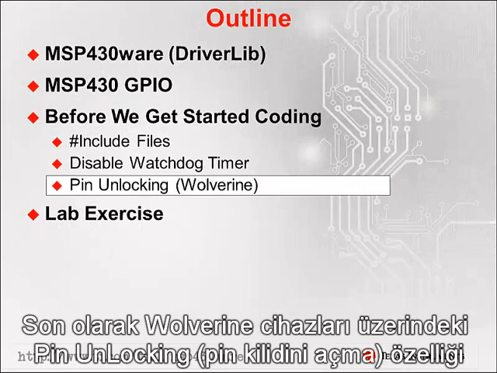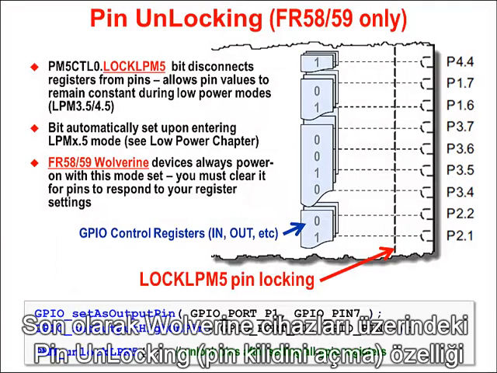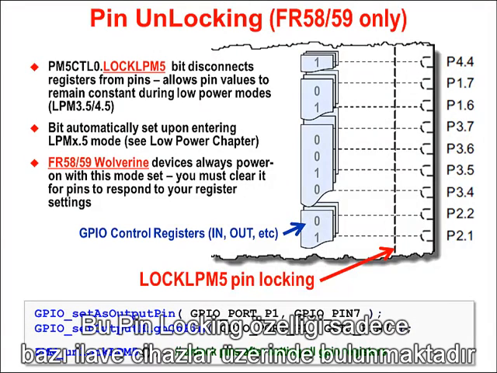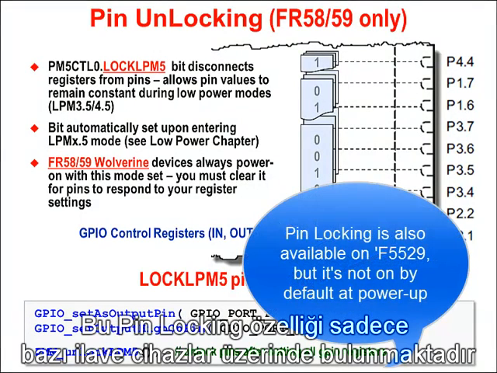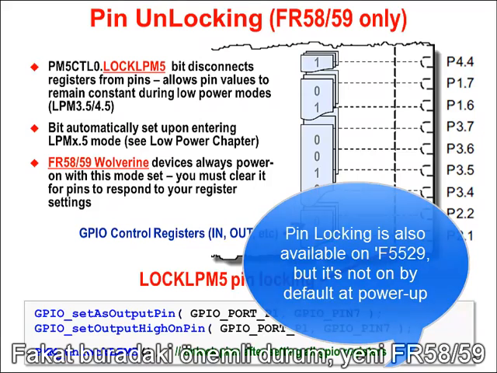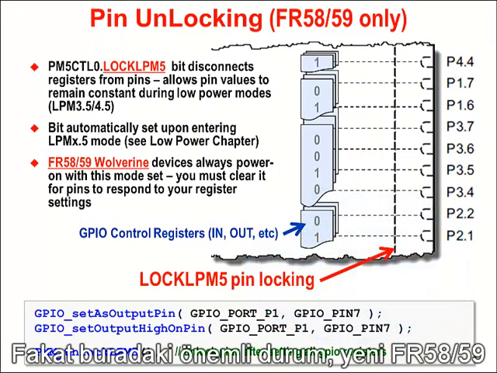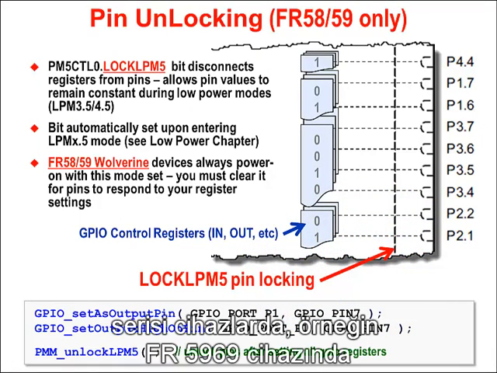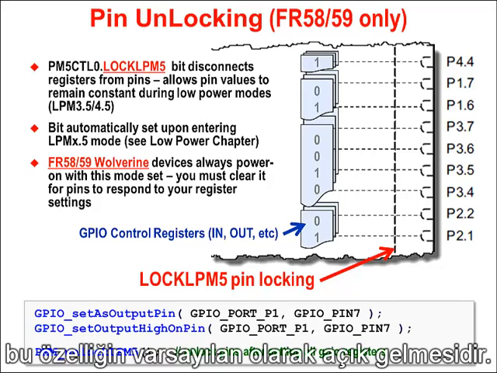And finally, the pin unlocking feature in the Wolverine devices. Now, this pin locking feature is actually available on additional devices. The 5529 has the pin locking feature. But what's important about the new FR59 series of parts, for example, the FR5969 device, is that this is turned on by default when we come out of reset.